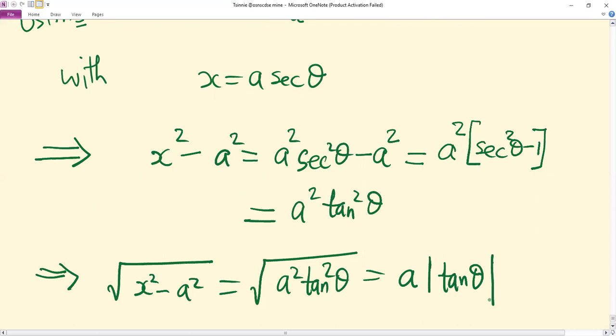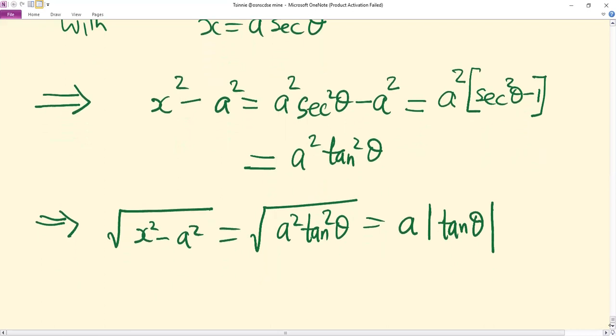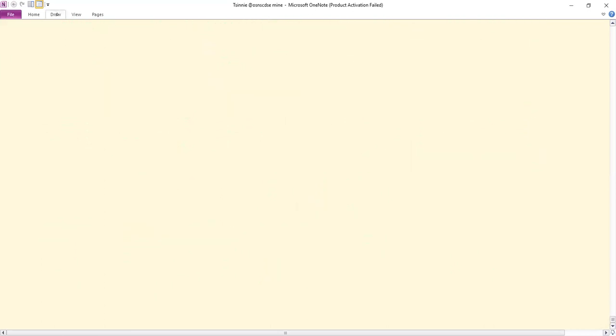So let's quickly give the steps on how to apply trigonometric substitution, and the next session will give examples.